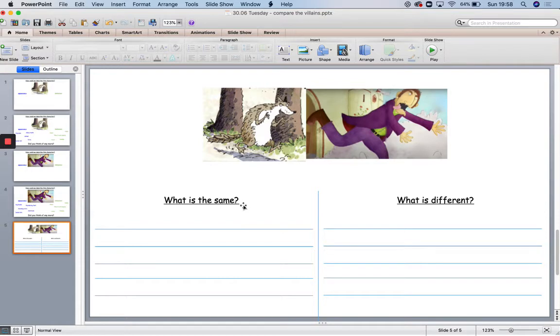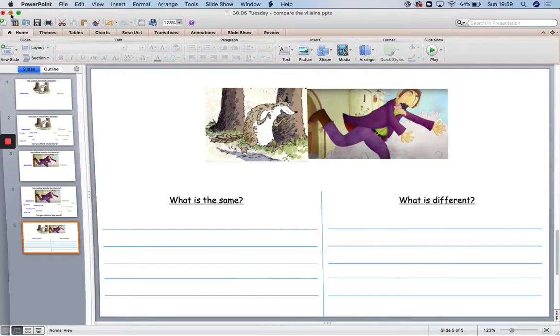You might see that they look very, very different. The wolf is a lot smaller than the giant, he's a lot furrier, but both are scary, both are a bit mean, so those are the sorts of things you would need to think about as being the same. Try and use some full sentences there as well, remembering your capital letters and full stops.